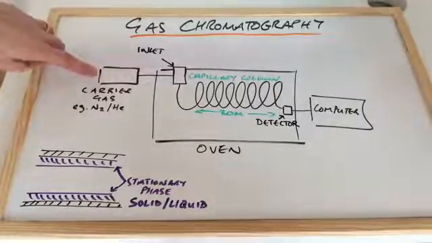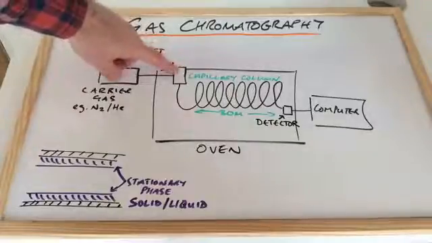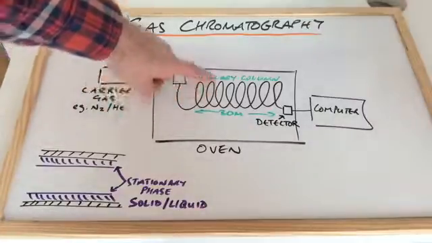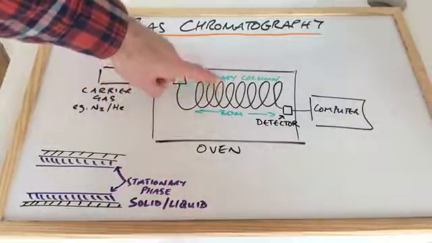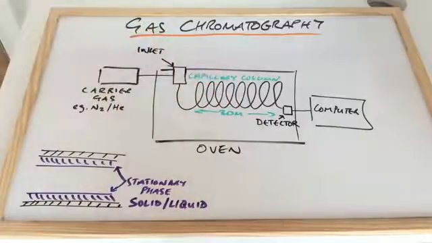The job of the carrier gas is to move the components in the mixture through this very, very long, very, very thin, almost piece of wire. It's actually hollow, called a capillary column. And that can be anywhere up to 30 meters long. And it needs to be that long to make sure that the full separation actually takes place.